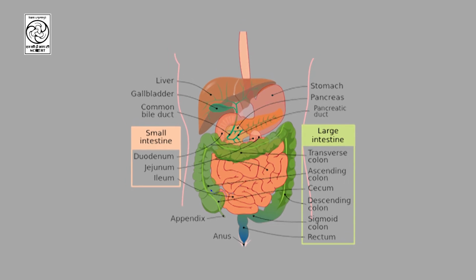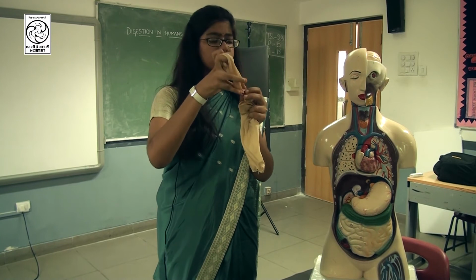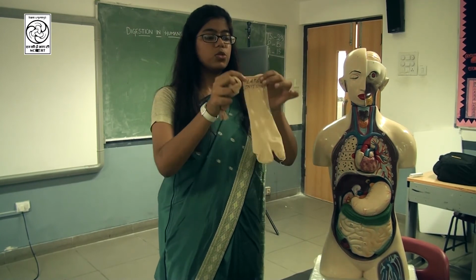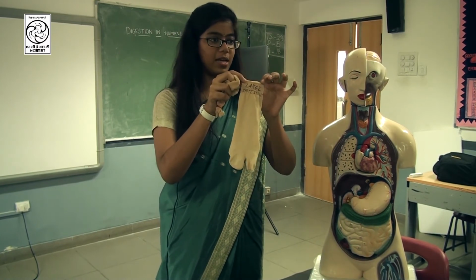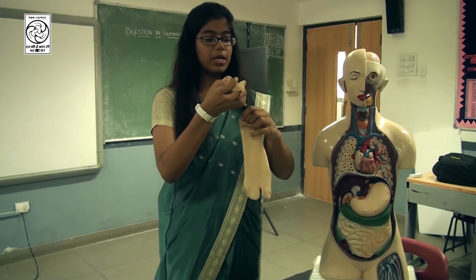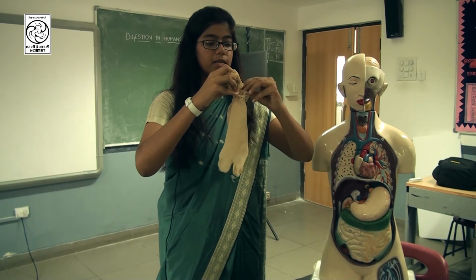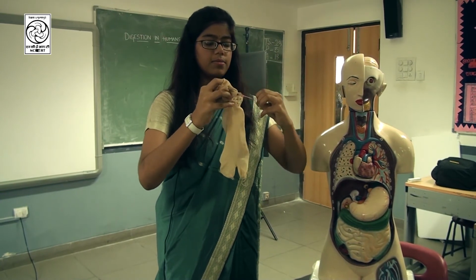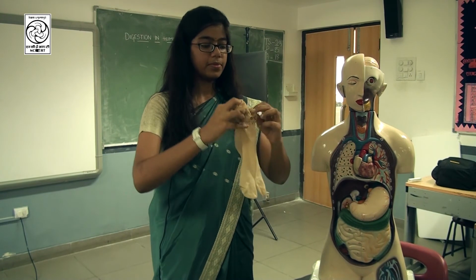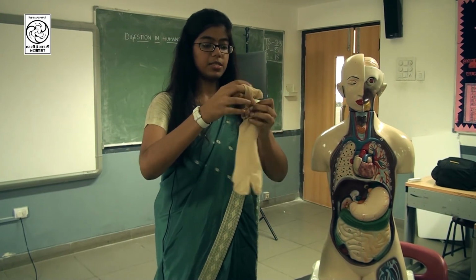When the food, this was the small intestine, the very long small intestine, we can assume this to be the large intestine, right? So, I am opening this and transferring the contents into the which intestine? Large intestine.